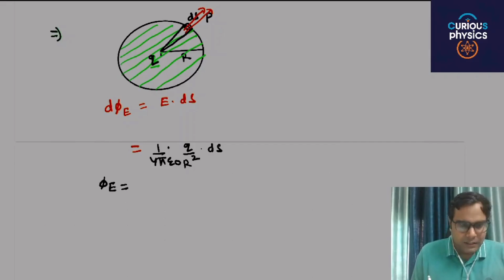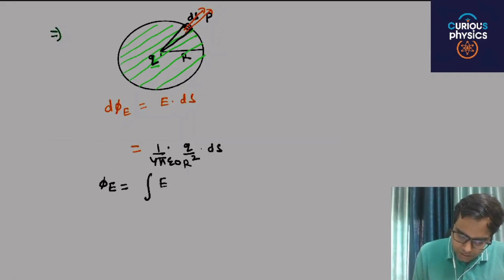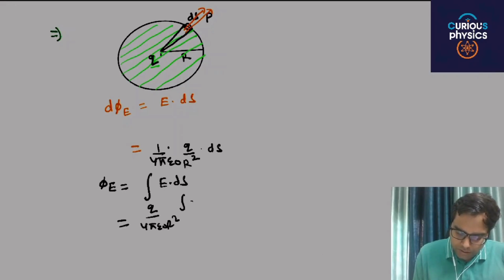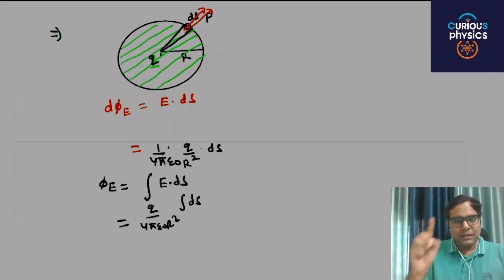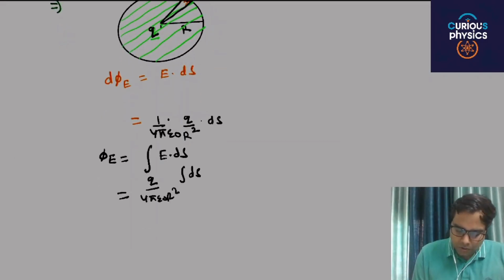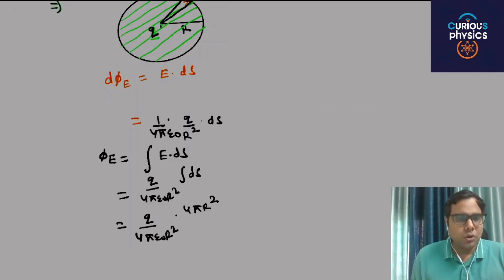Then phi e is equal to the integration of E dot dS, and E is constant, with value q by 4 pi epsilon naught r square, and you have to integrate just dS, and the total surface area is 4 pi r square, as you all know the surface area of a sphere is this.